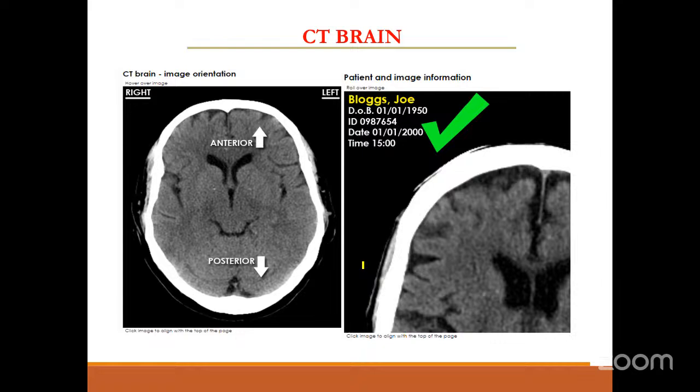The parenchyma usually floats in a CSF space, and inside it also has a fluid space called ventricles. The brain parenchyma is covered by meningeal coverings called dura mater, pia mater, and the subarachnoid space. These are the structures which we look into to identify various pathologies happening in the brain.